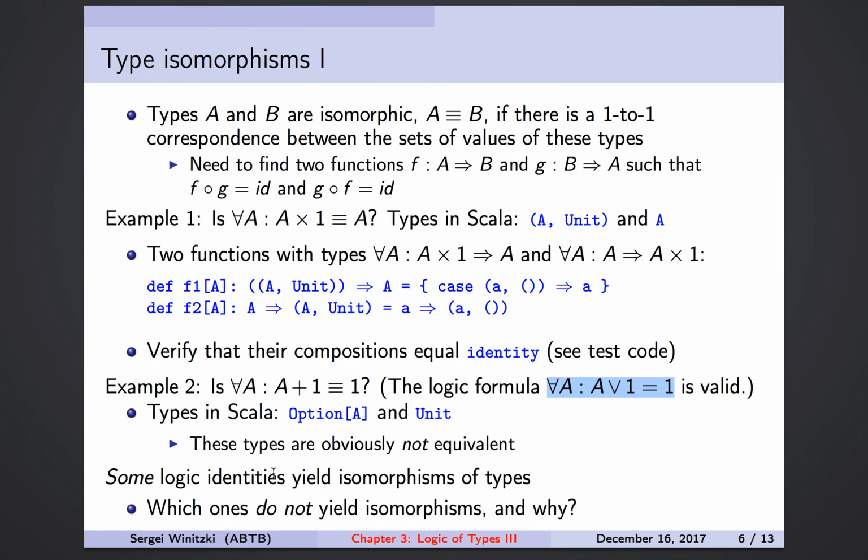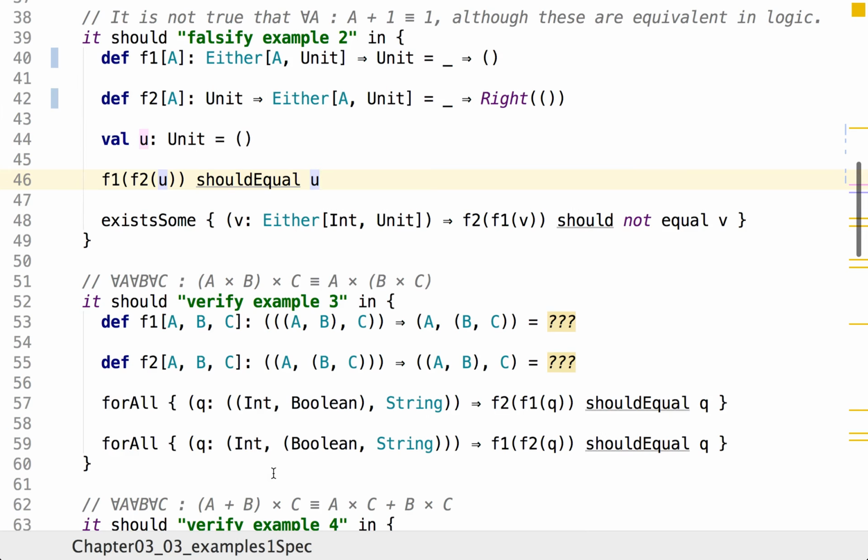So we find that some logic identities give isomorphisms and some don't. So what does it mean? Well, logic identity just means that there exist these two functions, f1 and f2. They can be implemented. That's all it says. This is what the logical proposition means.